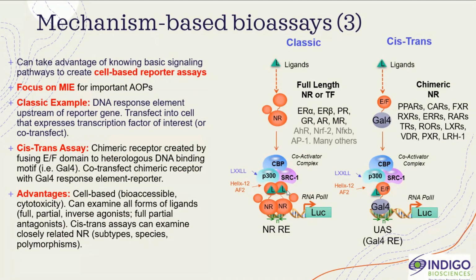Okay, so if we know a chemical is interacting with some of these molecular initiating events, then we would predict that these are going to lead to some adverse event within that organism. Well, how can you screen whether a compound, either singly or as a mixture, is regulating some of these molecular initiating events? Well, one of the approaches that we take is using mechanism-based bioassays.